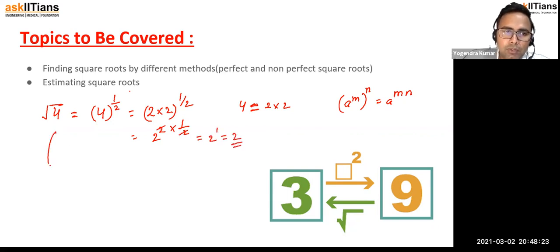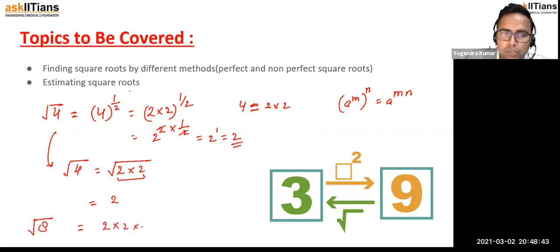So for the root of 4, we do the factorization of the number inside and bring the pair out, and we get 2 here. Suppose it is root 8. We write 2 into 2 into 2. One pair comes out, and this 2 remains inside, so we write 2 root 2.